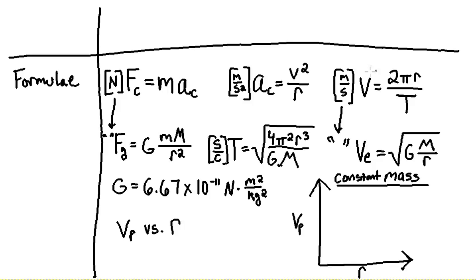Even though this causes this to go up, it doesn't cause it to go down as fast as period did because of this exponent right here. Okay, that's probably one of the tougher ones. But if you remember the simulation, we showed that the closer something was, the faster it was moving.